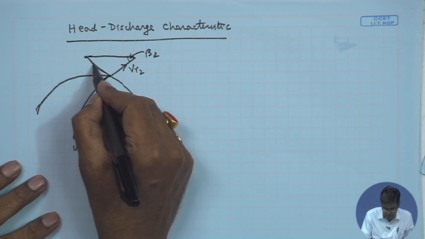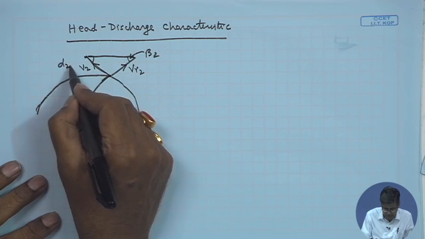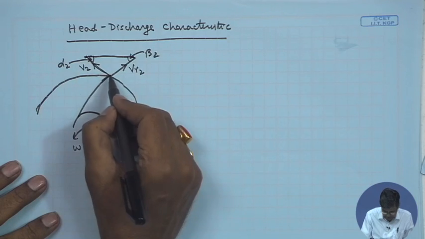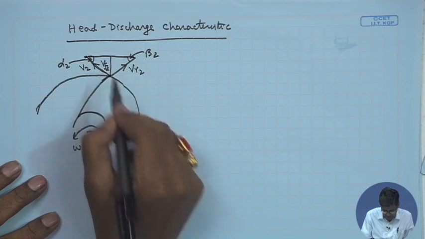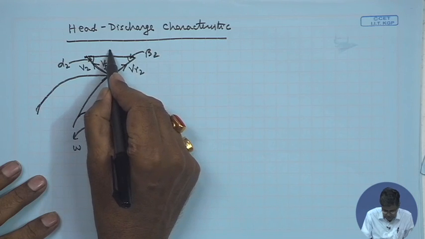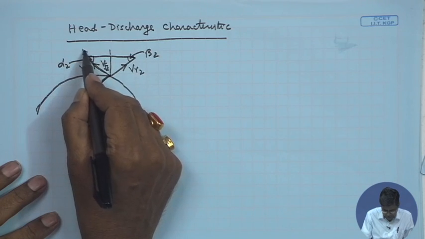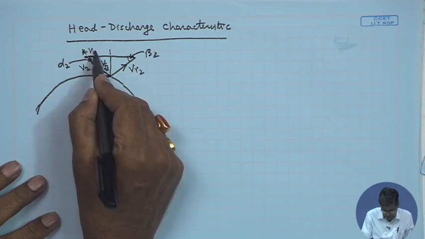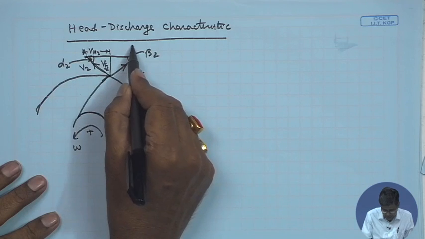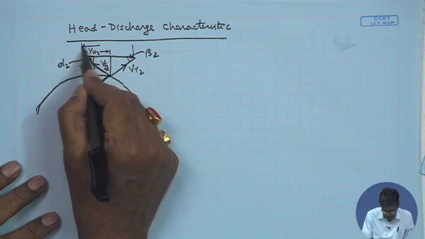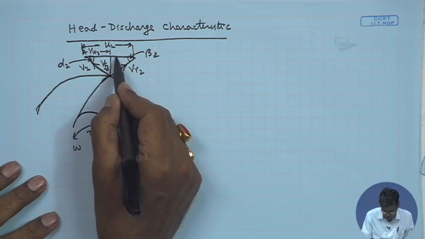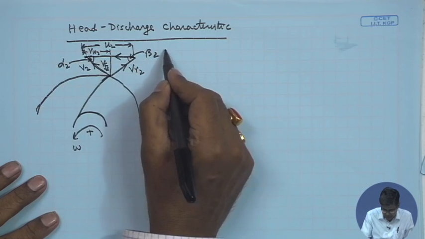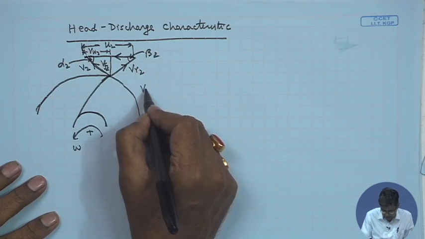This is the absolute velocity direction. This angle is defined as alpha 2 by the nomenclature. This is the flow velocity at the outlet, Vf2. So, this is the tangential component of velocity at the outlet, and this is obviously the rotor velocity at the outlet.